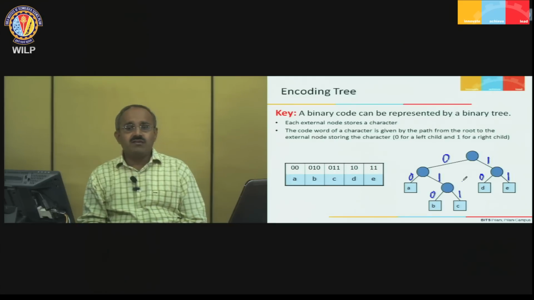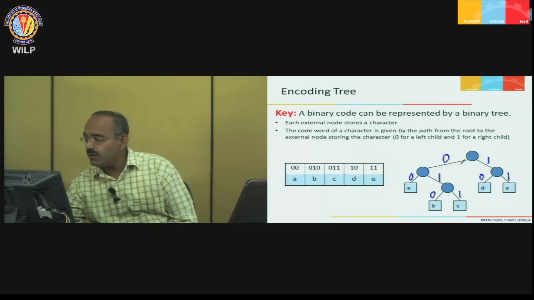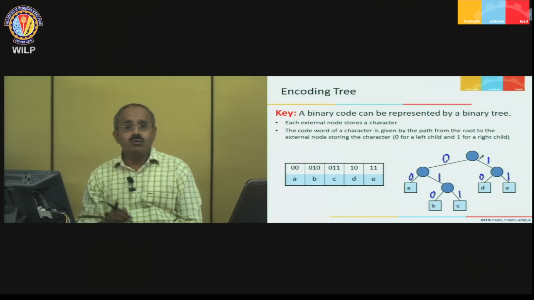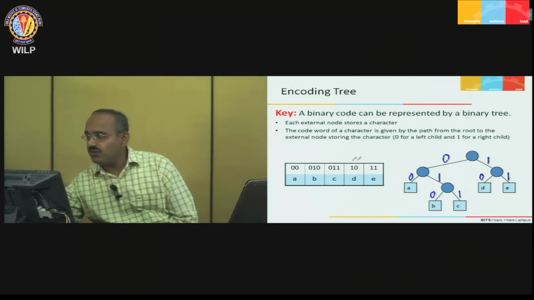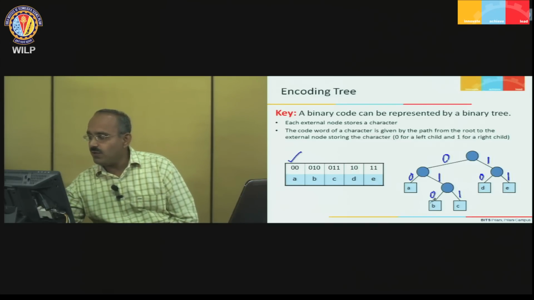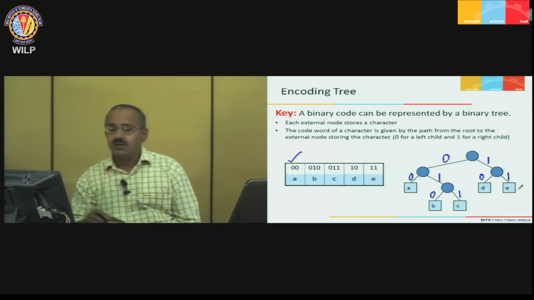Once you label the edges by this convention, for A we just look at the path from the root to the leaf which is storing A. We concatenate all the labels of the edges on this path. So, A is going to be 00, B is going to be 010, C is going to be 011, D is going to be 10, and E is going to be 11.